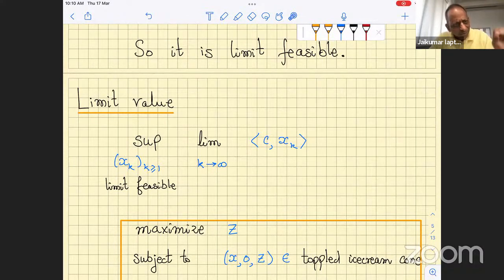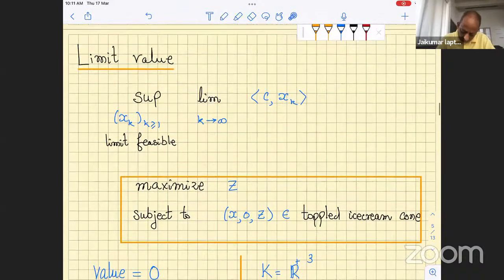Things are not achieved, you approach them. The X still stays inside the cone K, but the image is approaching L from the outside. By using such sequences, you get to some values. Those are called limit values.